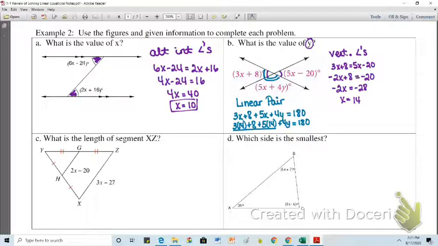And when I do, I get 120 plus 4y equals 180. I'm running out of room, so I'm going to move it right here. Subtract 120 from both sides. So 4y equals 60. Y equals 15.